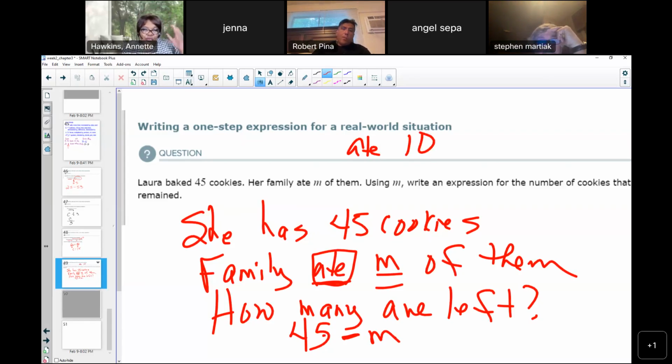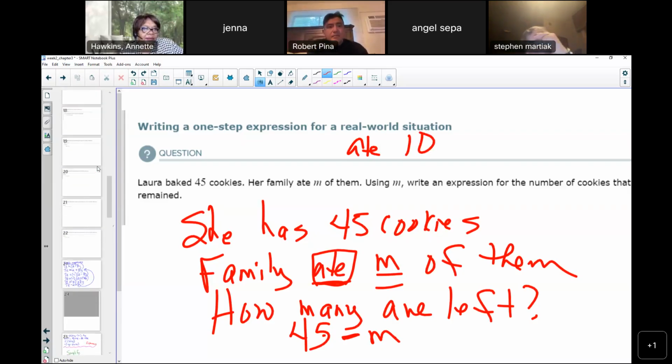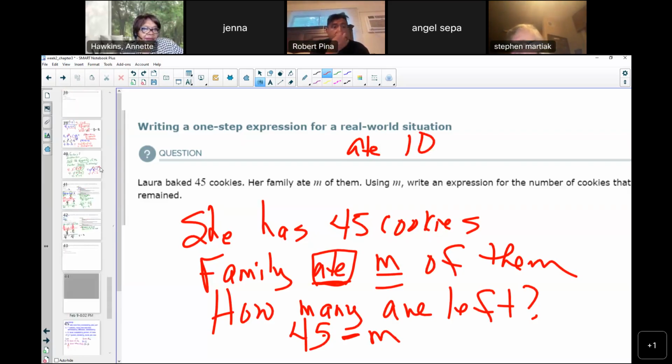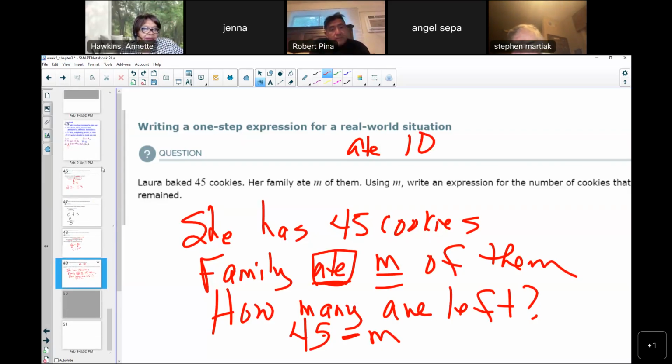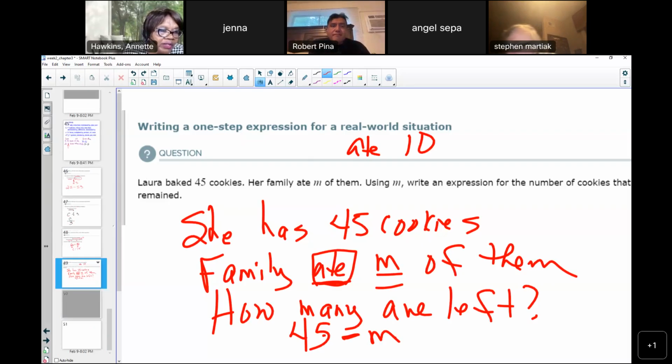What you can do, once you write your expression, is test it out with numbers. Any questions about that? Everybody okay with this? Do we need to go back with any of the expressions or solve an equation or anything like that?